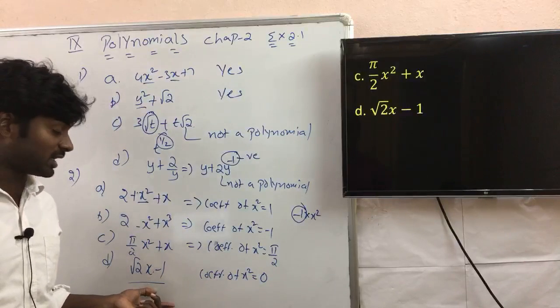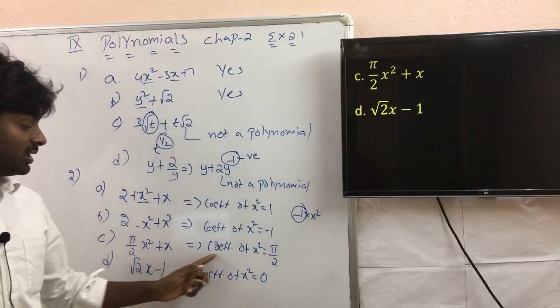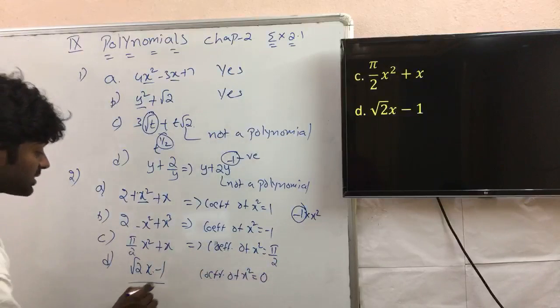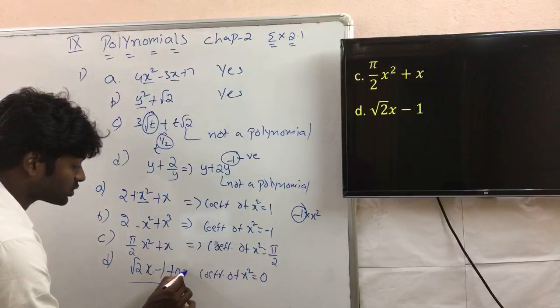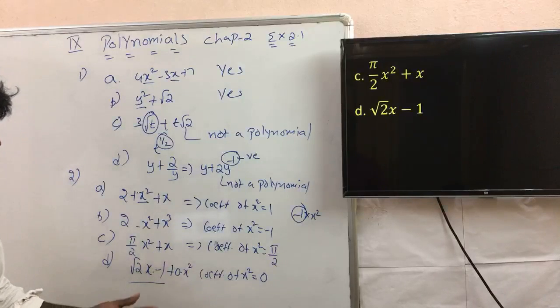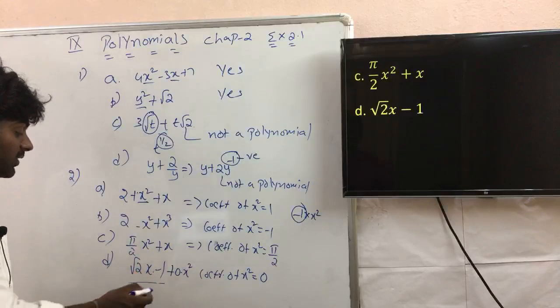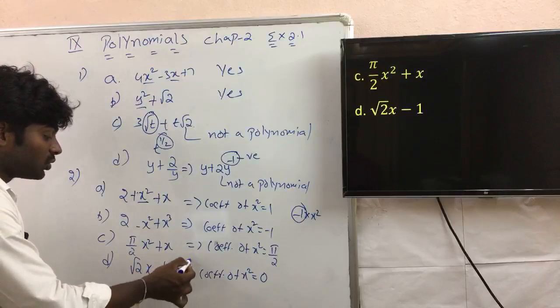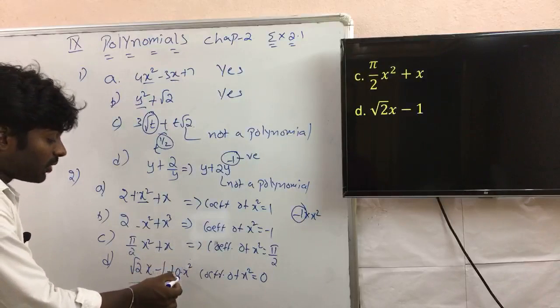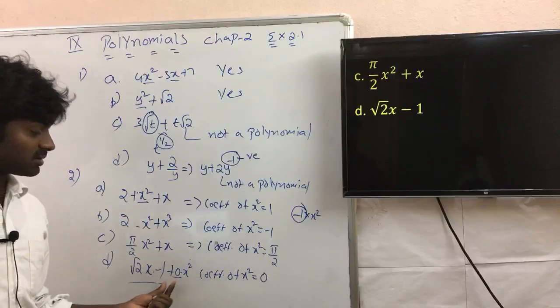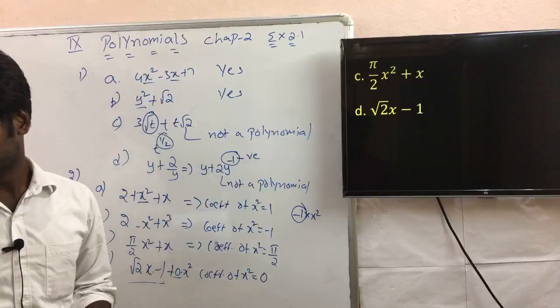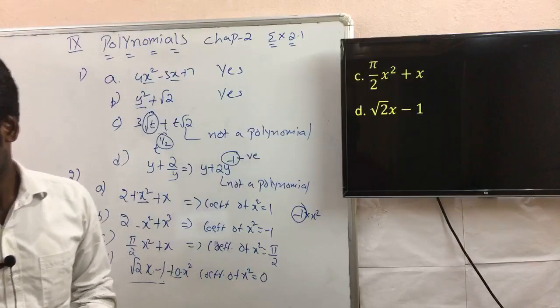I can write this as plus 0 into x square. Is there any modification for the given polynomial? No, because we are adding just 0. 0 into x square is nothing but 0. So obviously the coefficient of x square is 0.